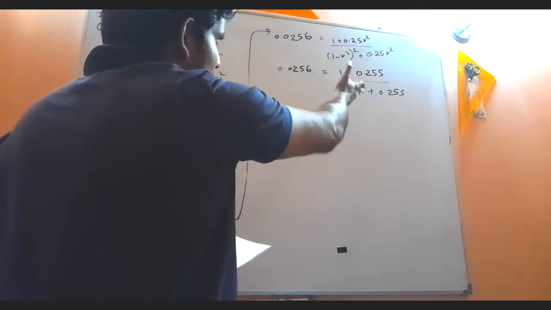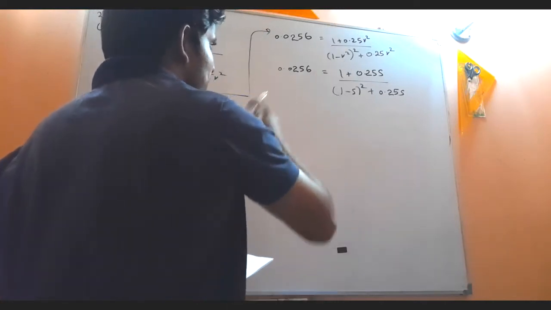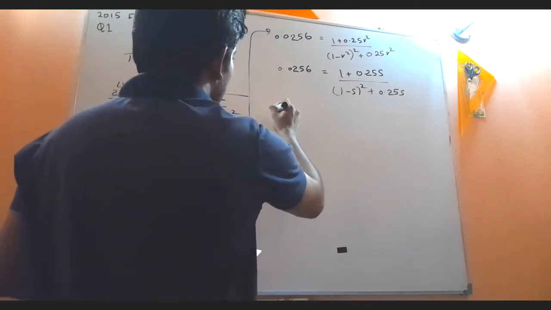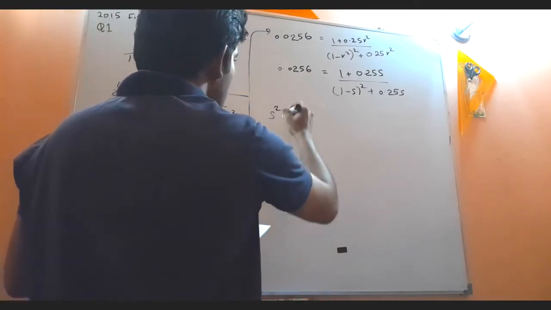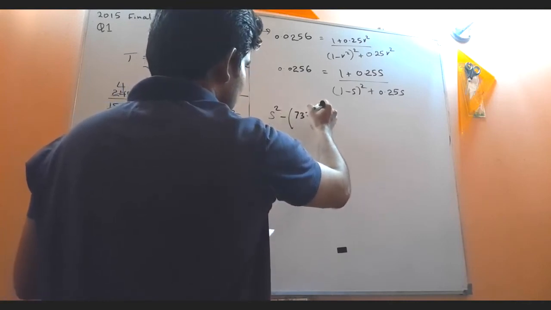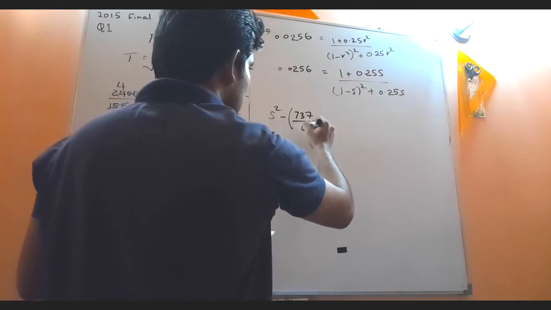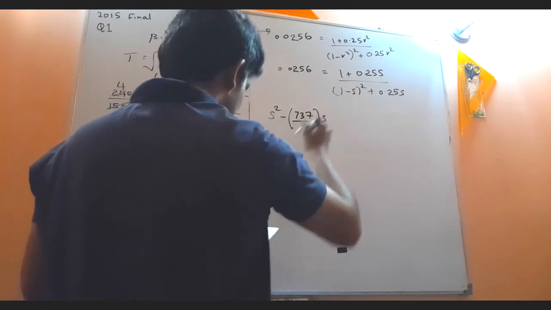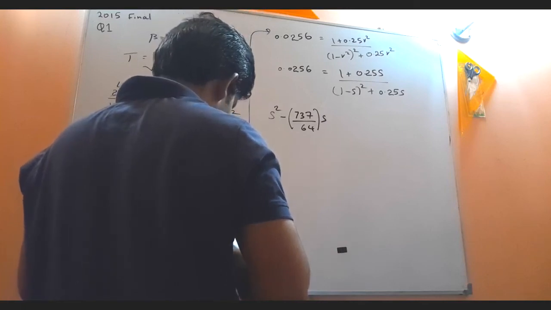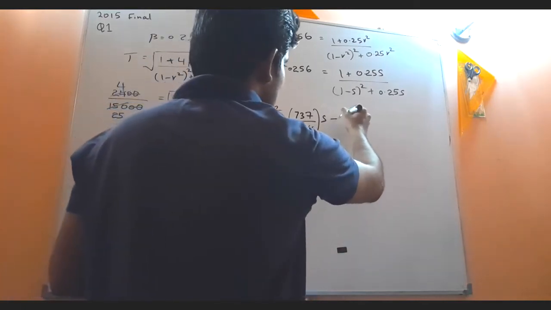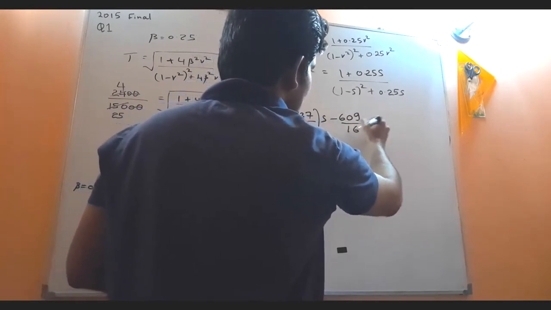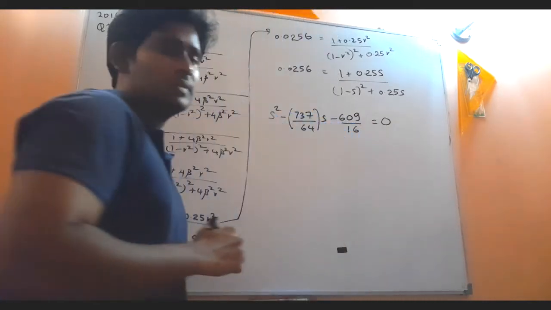After carefully doing your simplifications, you will be getting a quadratic equation like s squared minus 737 divided by 64 times s minus 609 divided by 16 equals 0, right?